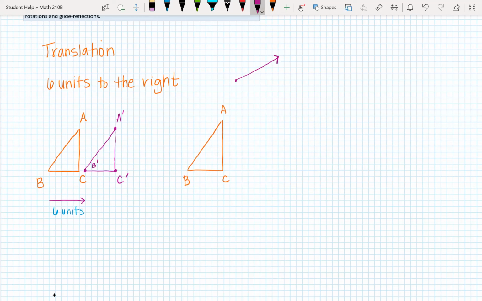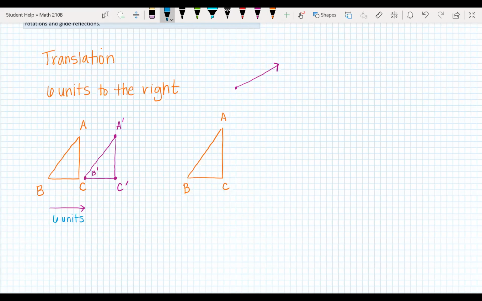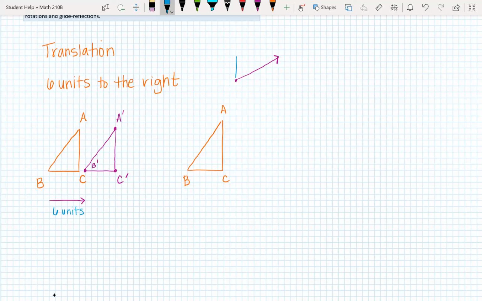So I need to figure out how many units that has been moved up and how many units it's been moved to the right. So I'm going to draw a triangle here to kind of figure this out. It looks like it's gone 4 units up, and it's gone 1, 2, 3, 4, 5, 6, 7 units to the right.